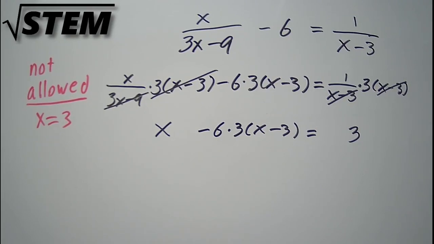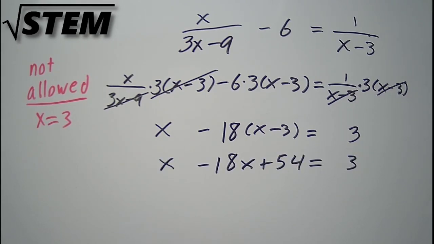Let's start to simplify this. 6 times 3 is equal to 18, and if we distribute that 18 into the x minus 3, we'll get a negative 18x and a positive 54. We can combine our like terms with an x in them. x minus 18x is negative 17x.